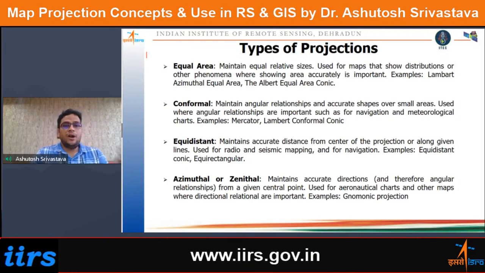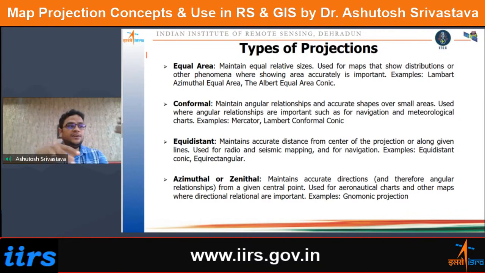What happens here is we just need to maintain the area, either in proportion or the same area, whatever we want, when converting from three-dimensional to two-dimensional. When we are maintaining the area constraint, that is basically the equal area projections. Then we have another kind of projection called conformal.